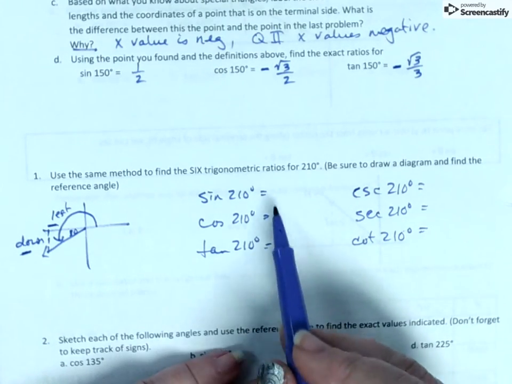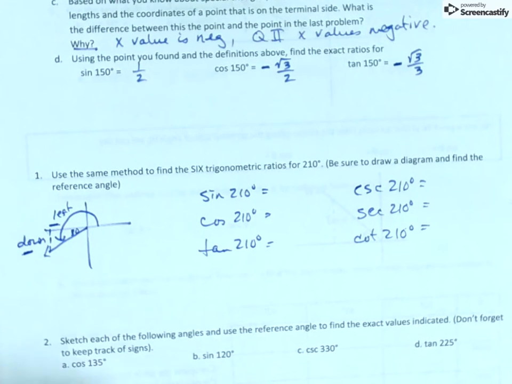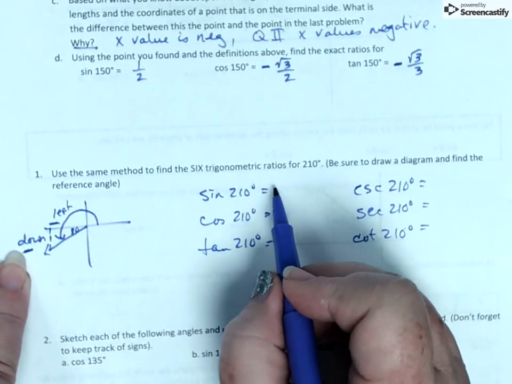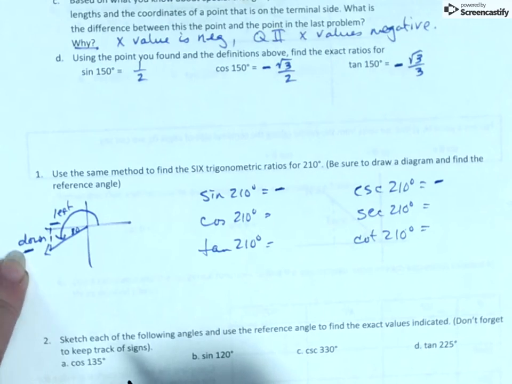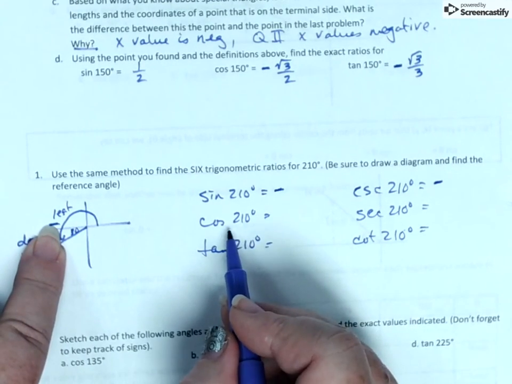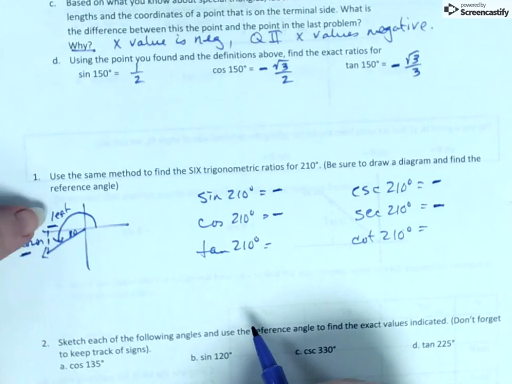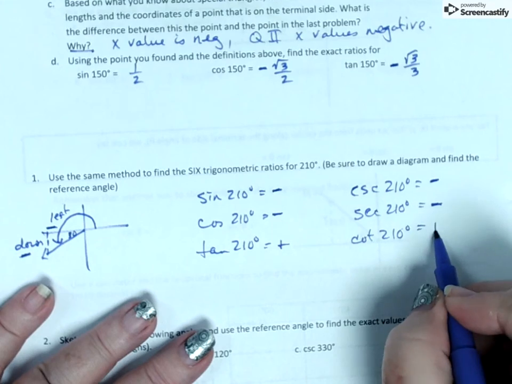Now whatever signs we get here, positive or negative, they're going to match over here. So let's fill in our positives and negatives first. This is down, so sine is going to be negative, which means cosecant will be negative. This is left for cosine, so cosine will be negative and so will secant. Negative divided by negative means tangent would be positive and so will cotangent.